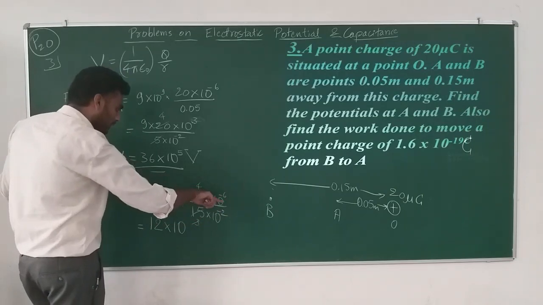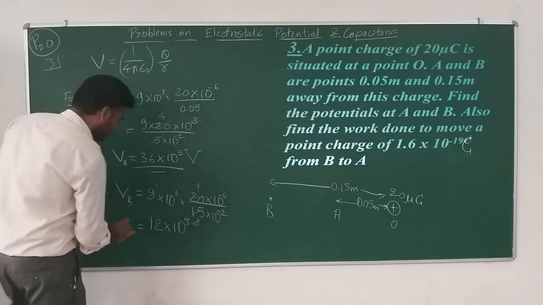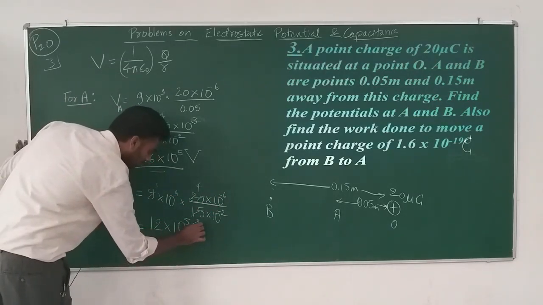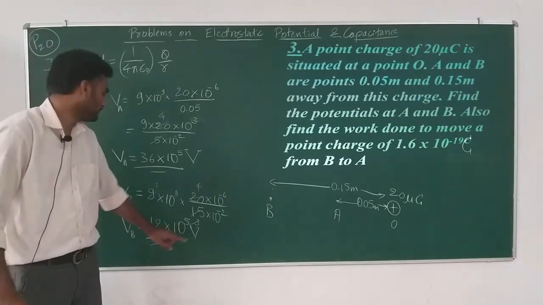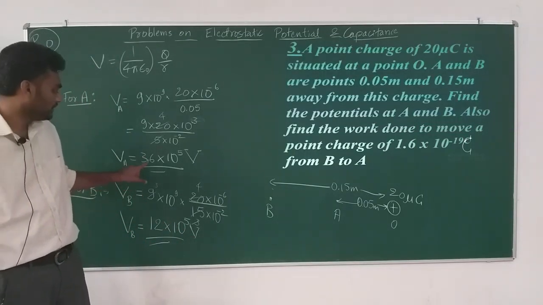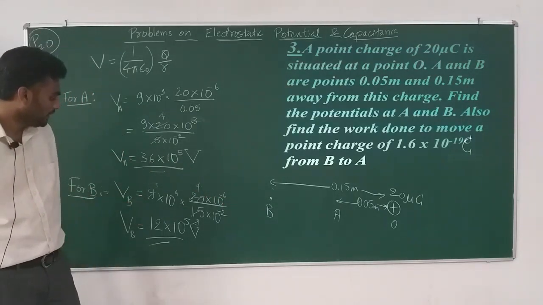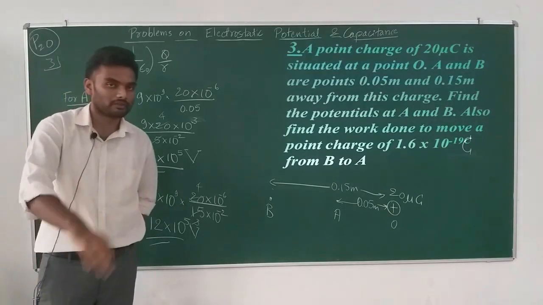Minus 2 comes to the numerator, plus 2, 3 plus 2, 5. So at point B you have the potential equal to 12 into 10 to the power of 5 volt. At point A it is 36 into 10 to the power of 5 volt, at point B it is 12 into 10 to the power of 5 volt. So this finishes the first part of the problem.